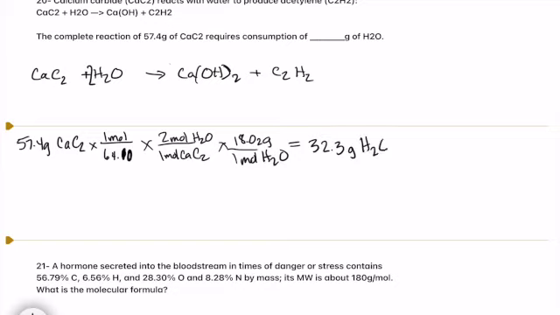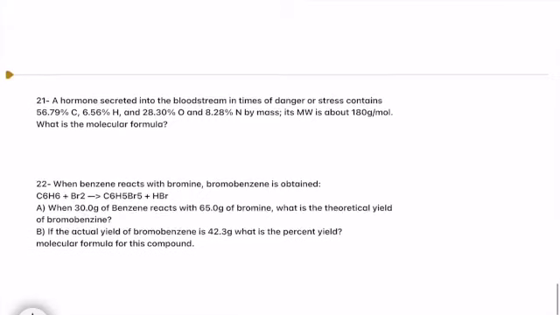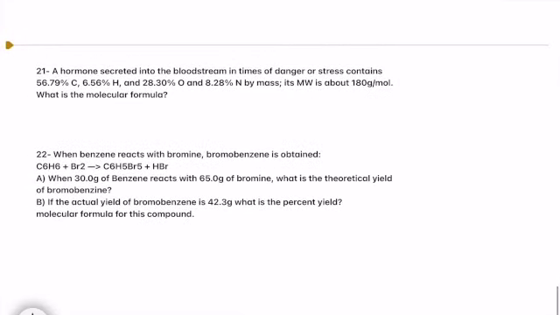So it requires 32.3 grams of H2O to react with 57.4 grams of CaC2. Next, it takes us to 21.